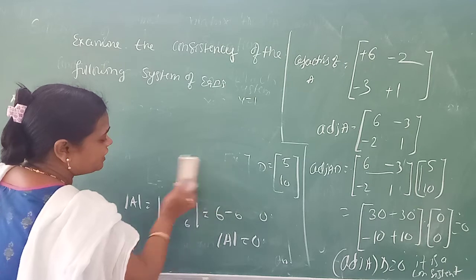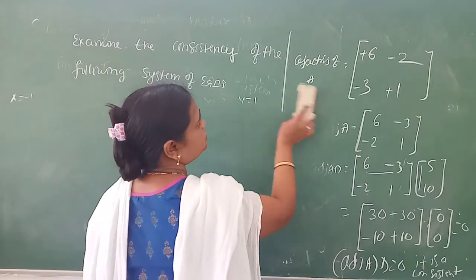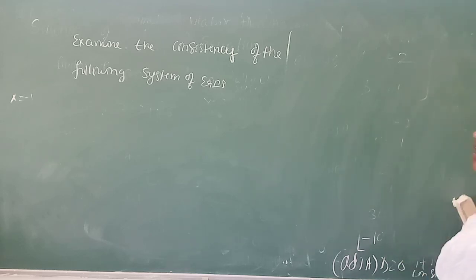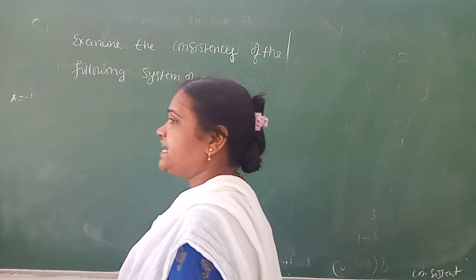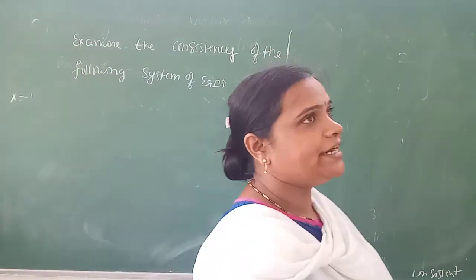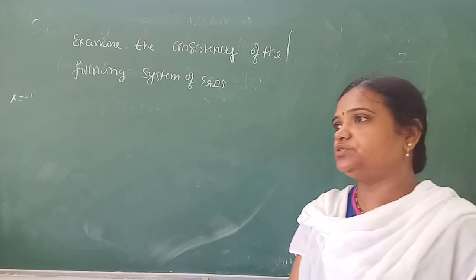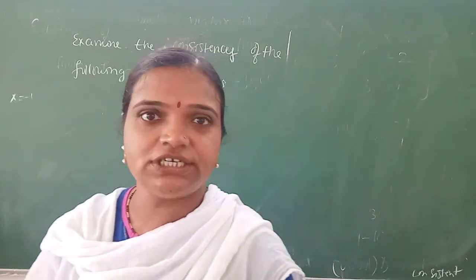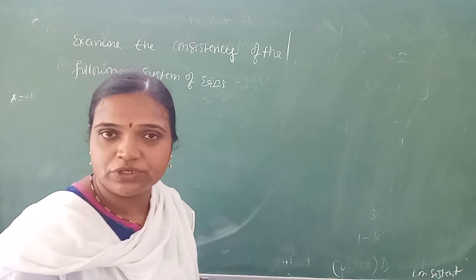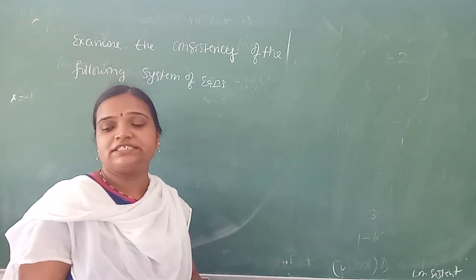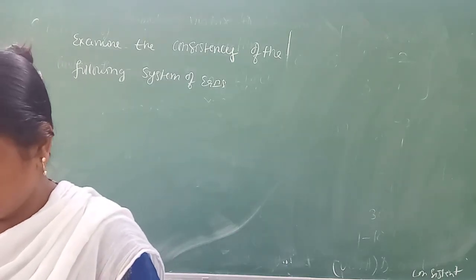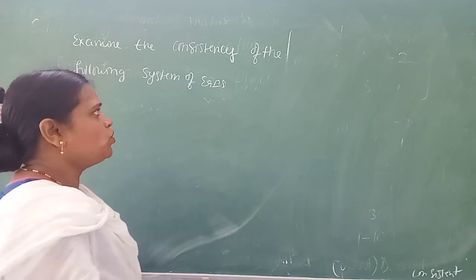If determinant A not equal to 0, it is always consistent and has a unique solution. If determinant A equal to 0 and adjoint A into D not equal to 0, then it is not consistent. If determinant A equal to 0 and adjoint A into D equal to 0, it is consistent, but has infinitely many solutions.